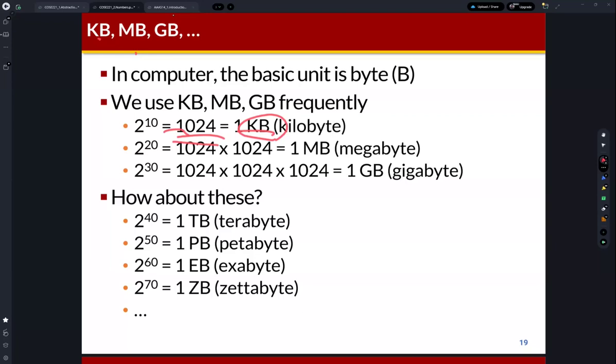Mega and giga too. We frequently use these units for representing the size of memory or storage in the computer system. 1 tera is 2 to the power of 40, then peta, exa, and zeta. So it's very large.